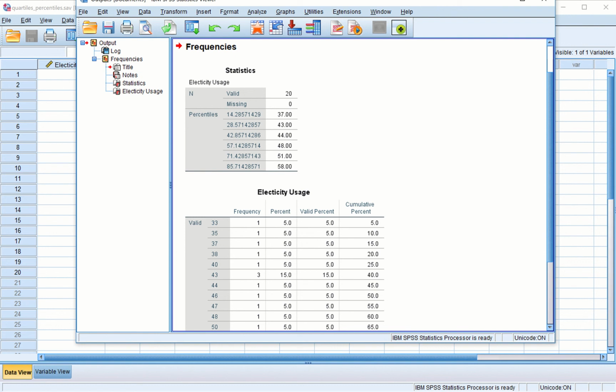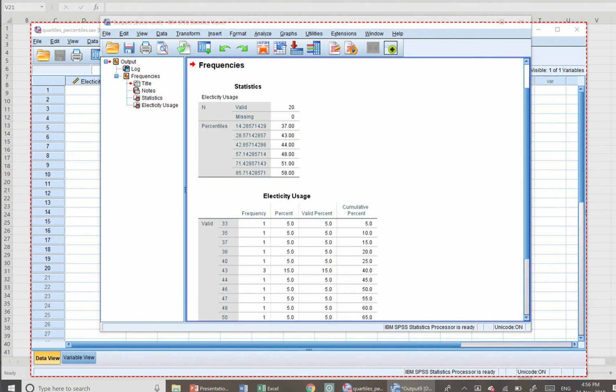then SPSS has done that, so that the series is divided into 7 equal parts.